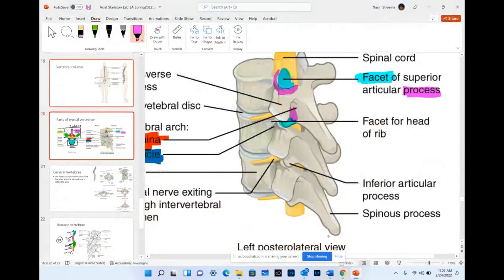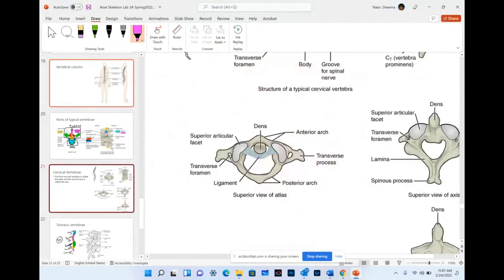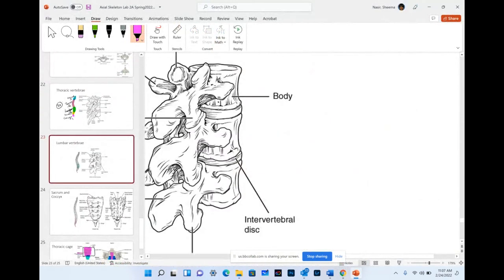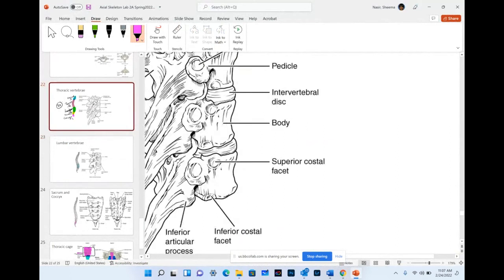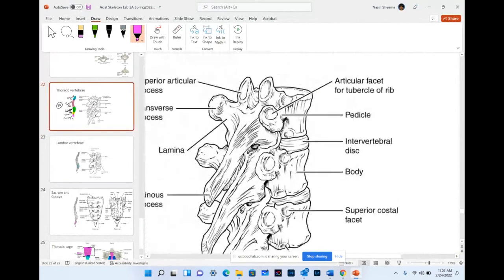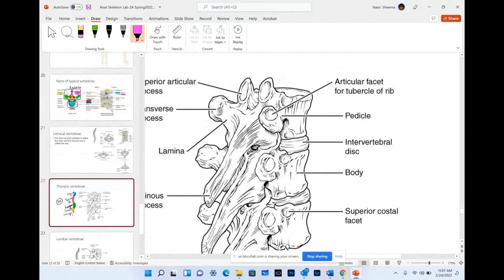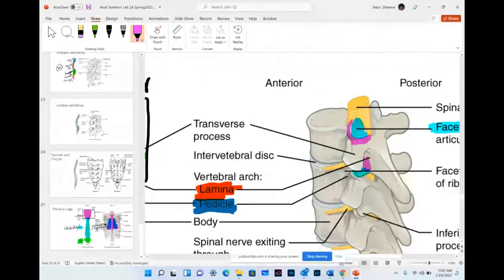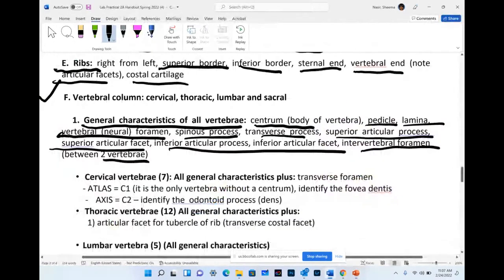Now, coming back to our thing right here. So that's basically what it is. So let's see. We did centrum, pedicel, lamina, vertebral foramen.